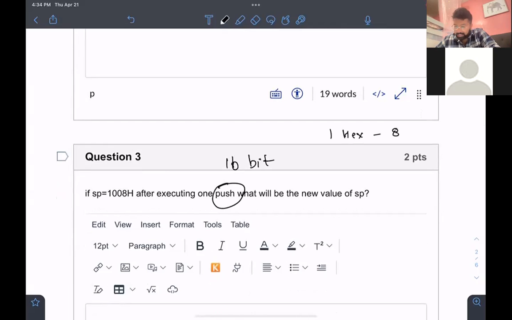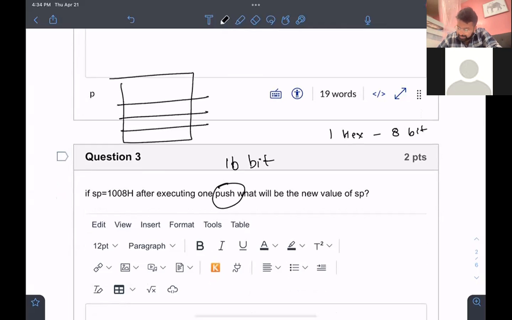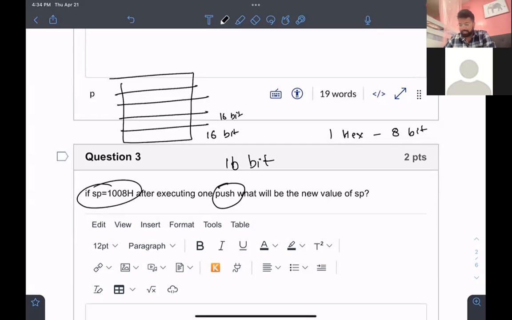So let's say this is the memory address. Each segment is 16 bits. If this is the starting address and we're going to push onto the stack, the pointer moves.